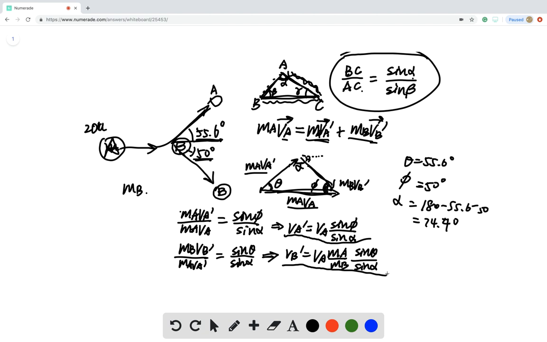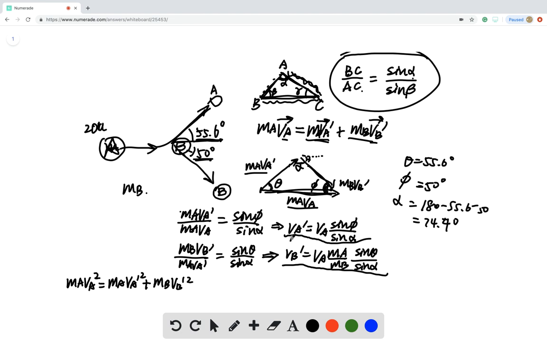And now what we can do is substitute this relationship into the conservation of kinetic energy. Let's write down the conservation of kinetic energy: 1/2 mA vA squared equals 1/2 mA vA prime squared plus 1/2 mB vB prime squared, and the 1/2 cancels.